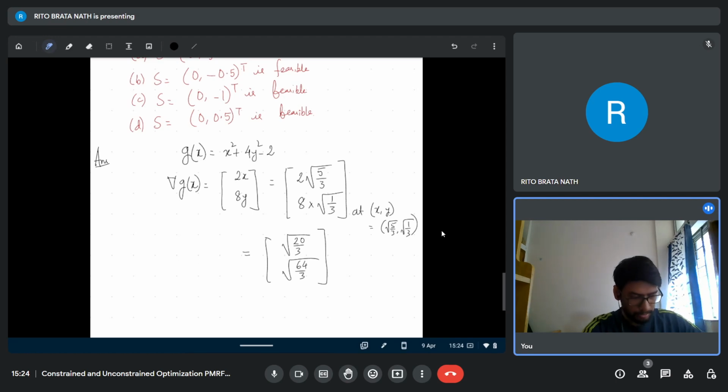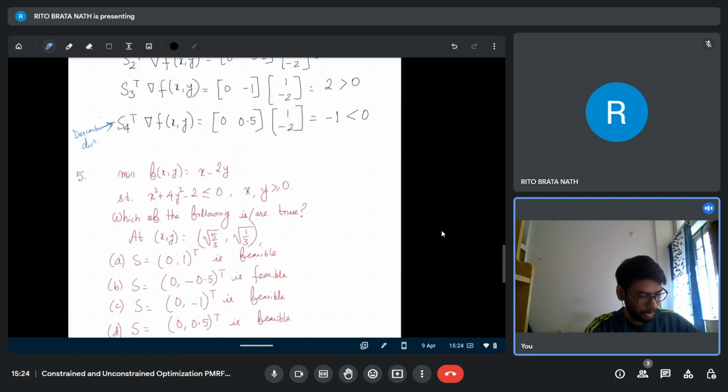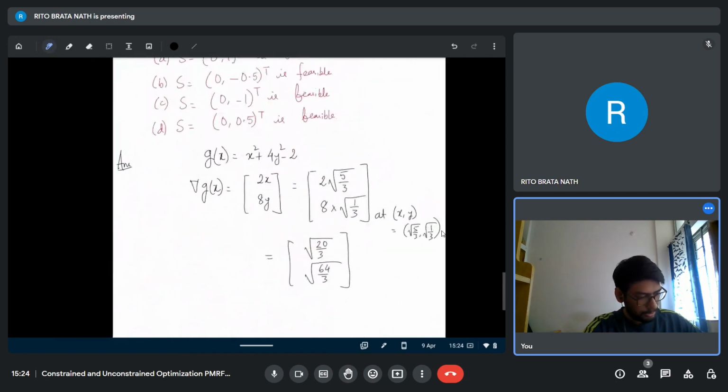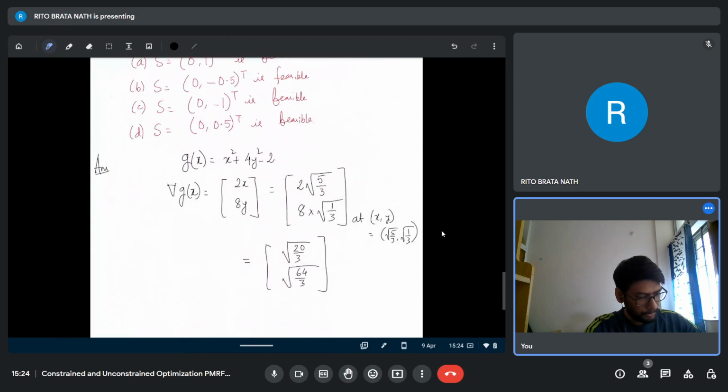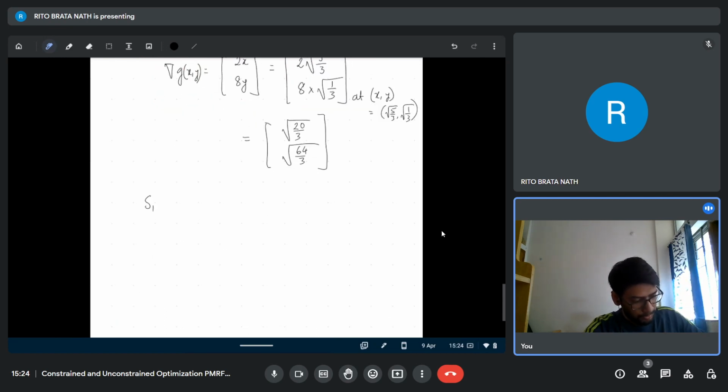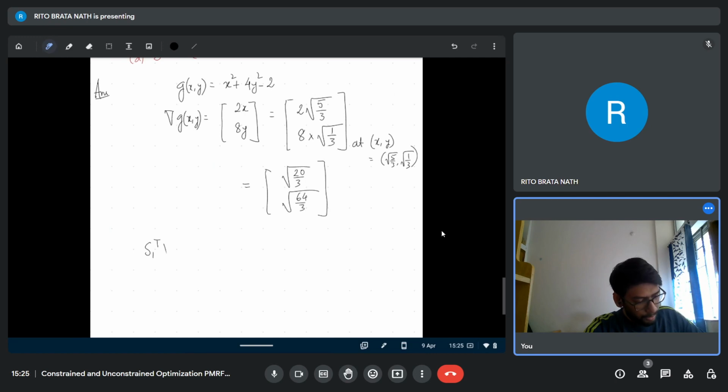Right, so now let me do the same kind of exercise here again. I think I've written it wrong, so this should be grad of g(x, y). So now what you have is S1 transpose grad of g(x, y).